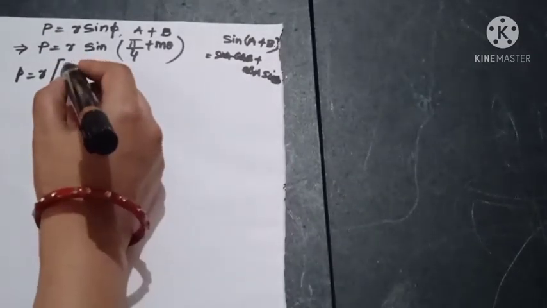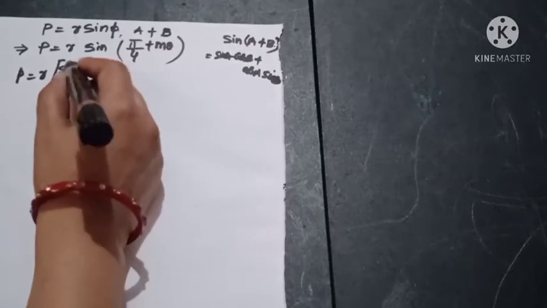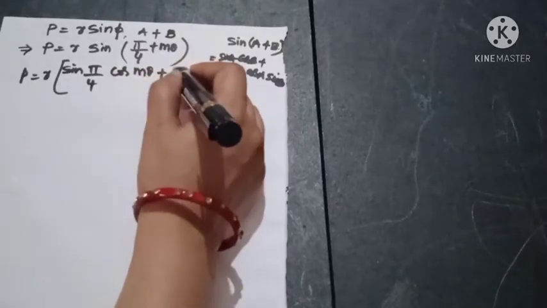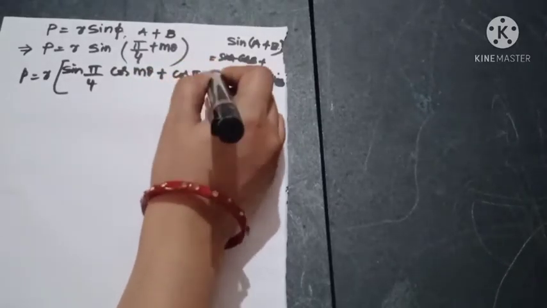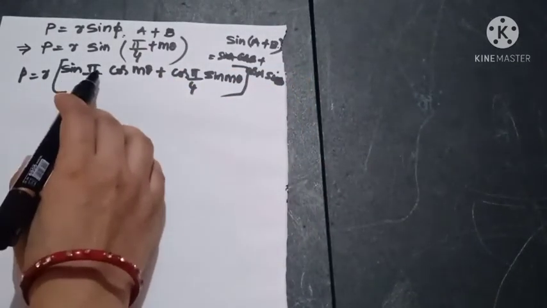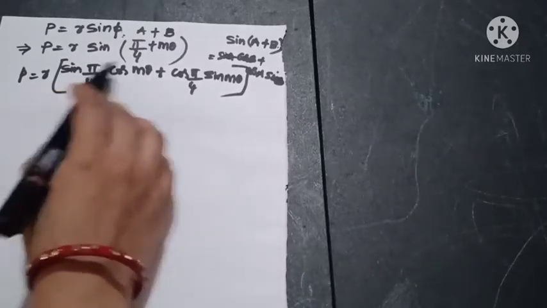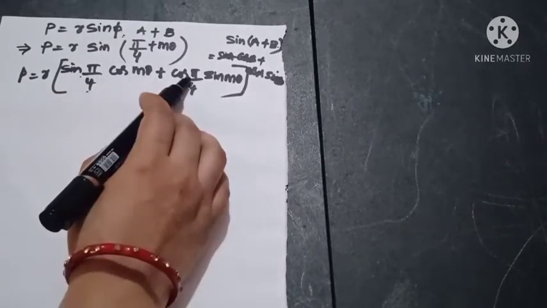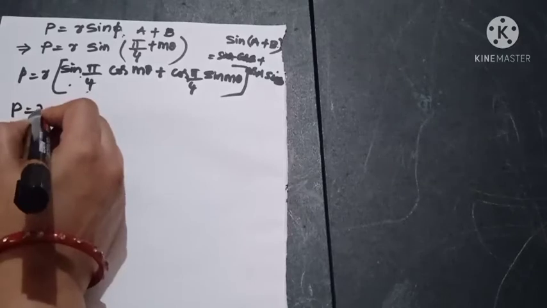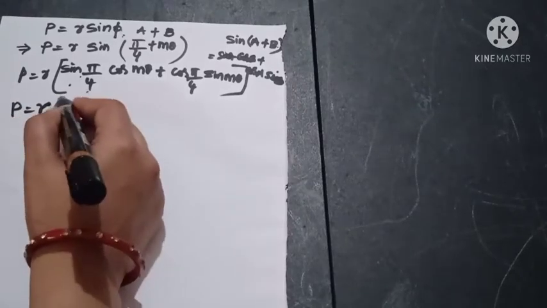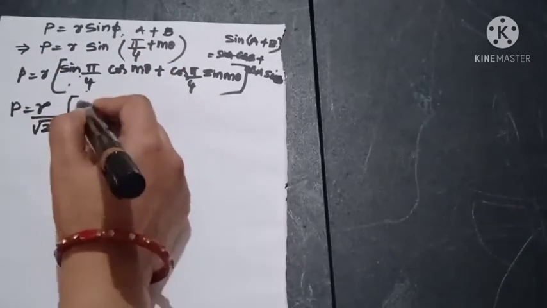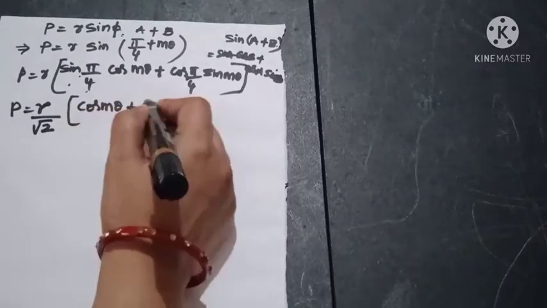So sin of (pi by 4 plus m theta) is sin a cos b plus cos a sin b. The value of pi by 4 is 45 degrees, so sin 45 and cos 45 have the same value, 1 by root 2. So p is equal to r, taking 1 over root 2 as a common factor, r over root 2 times (cos m theta plus sin m theta).